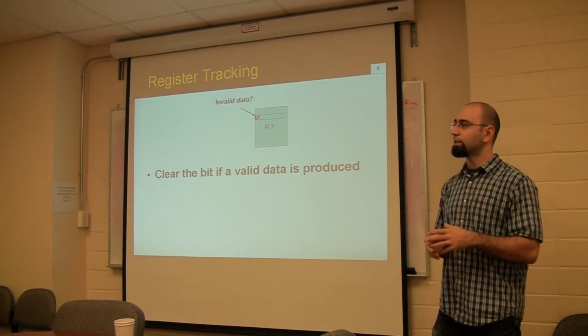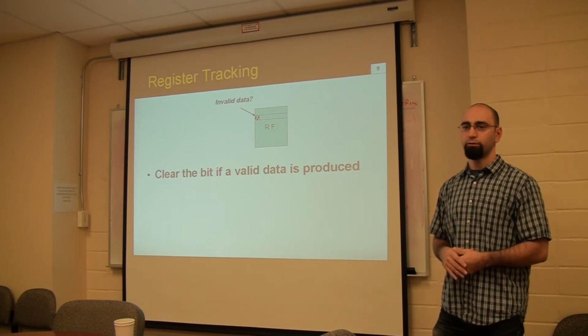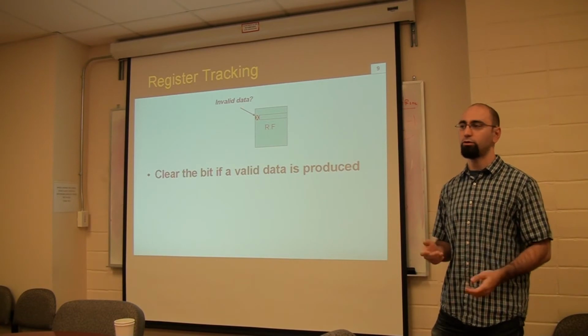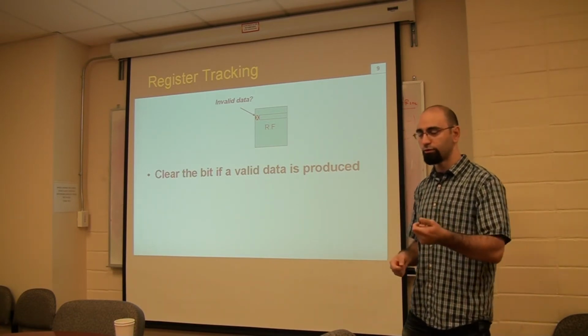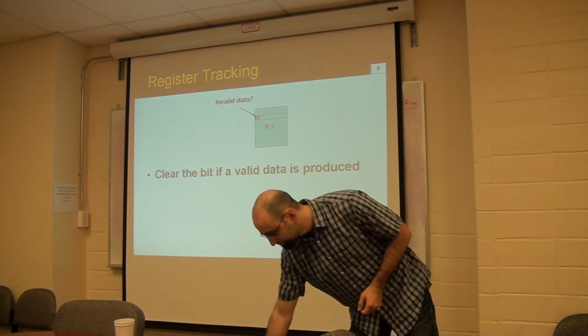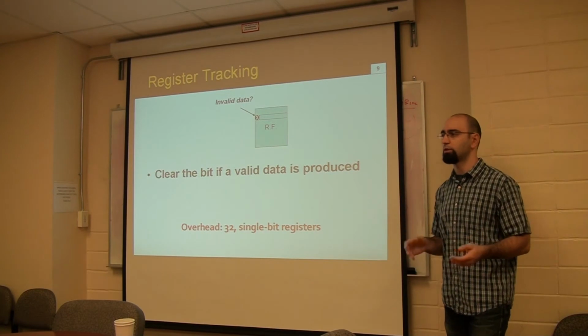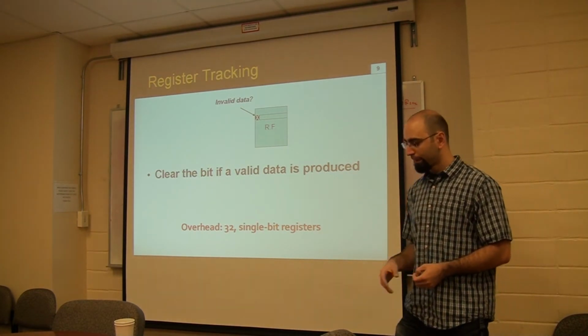And we clear that bit if an instruction actually produces valid data. So if an instruction comes along that's using immediate values, or some other register that has valid data, and overwrites that register, we just clear that bit. The overhead is that we need 32 bits for the 32 architectural registers that we have.